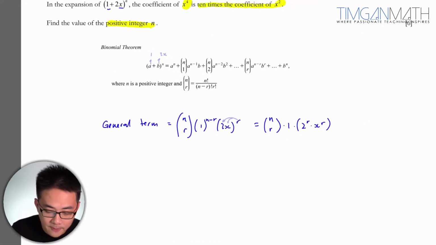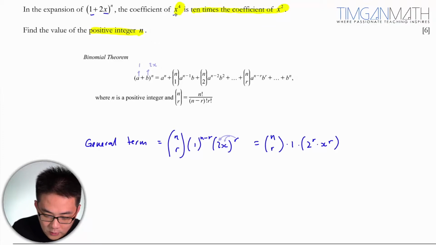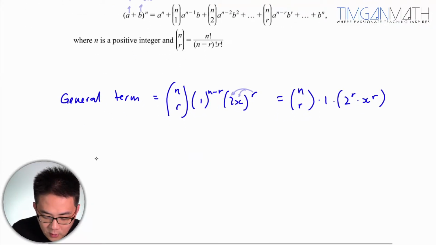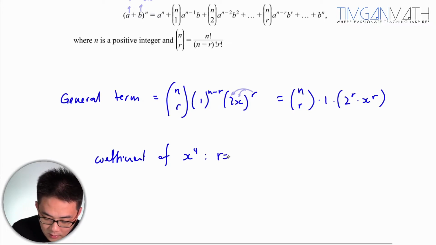Now once this is done, you need the coefficient of x^4. The coefficient of x^4 happens when r is 4, right? So when r is 4, the coefficient is the front part here, all the numbers without the x.